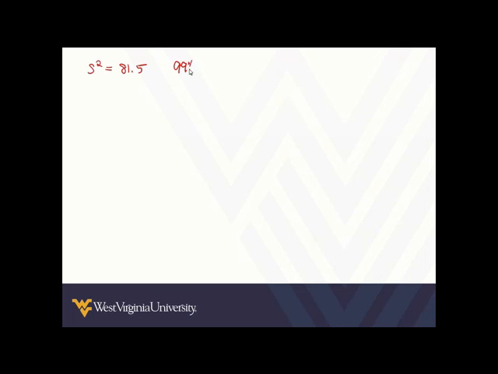We want to be 99% confident, so that implies that our alpha value will be 0.01, which we'll need to cut in half. So our value of interest for our significance level, alpha over 2, is going to be 0.005. So we can go ahead and calculate that critical value, because once again, we don't know our degrees of freedom, but we can use the previous one in this case.